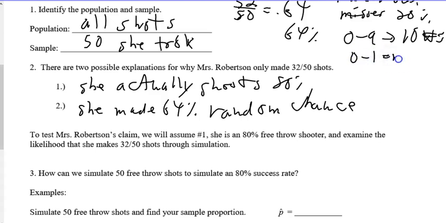And that's going to be misses. And 2 to 9 will be makes. This is going to be your 20%, and that's going to be your 80%. So if the calculator gives us a 0 or a 1, that's a miss, and 2 to a 9 is a make.